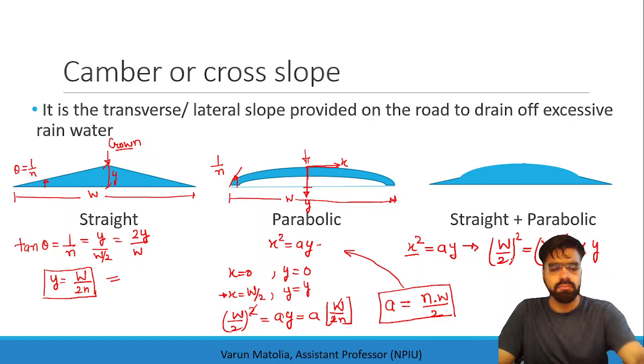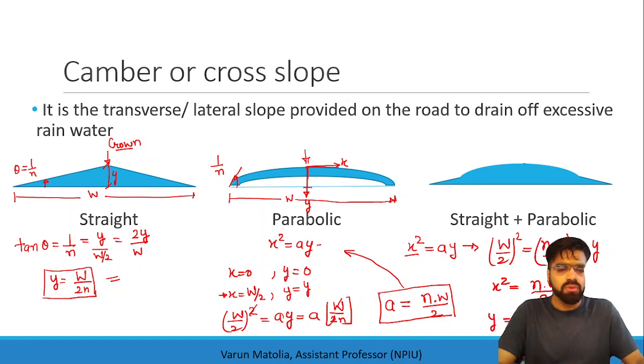Now we want to replace x with w/2. We'll keep x as x² only and we'll write n·w/2 into y. Here y will be equal to 2x²/wn. So this will be the equation of the camber when it is provided in the shape of a parabola. So you should remember these results in order to solve some questions.